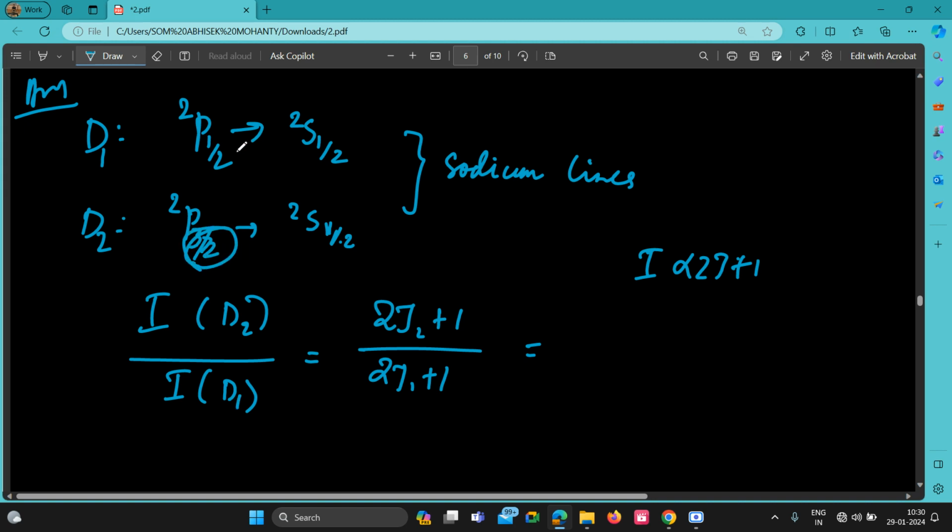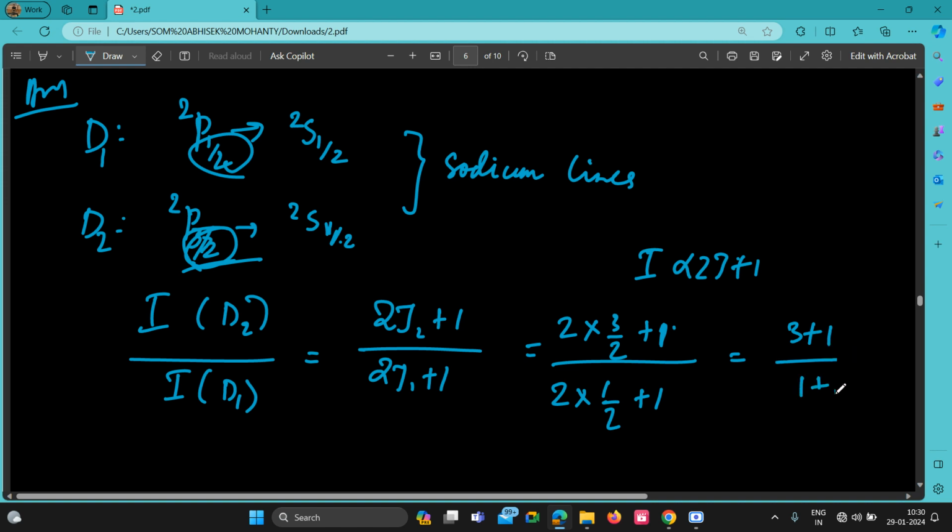Right. And D1 is half, 1 by 2. So 2 into 3 by 2 plus 1. The J value is the beginning value, from which the transition is happening. That is the J we will take. 2 into half plus 1. Okay, so this is your 3 plus 1 divided by 1 plus 1. That is 4 by 2. That is 2. So the intensity ratio is 2.